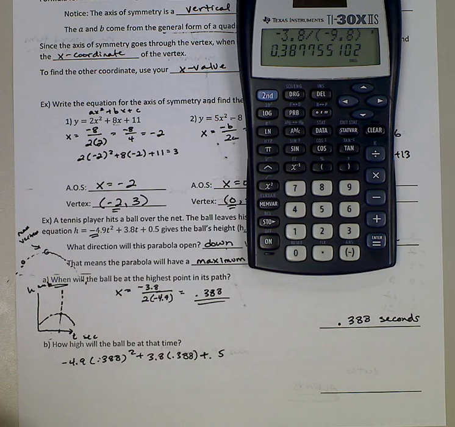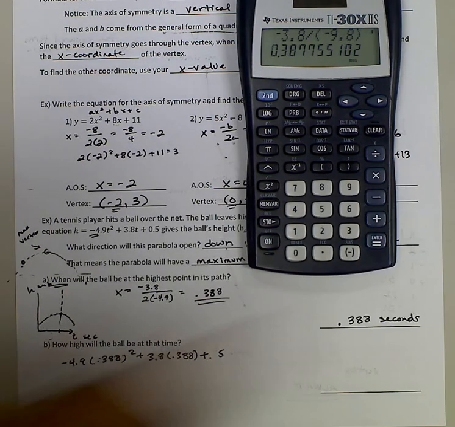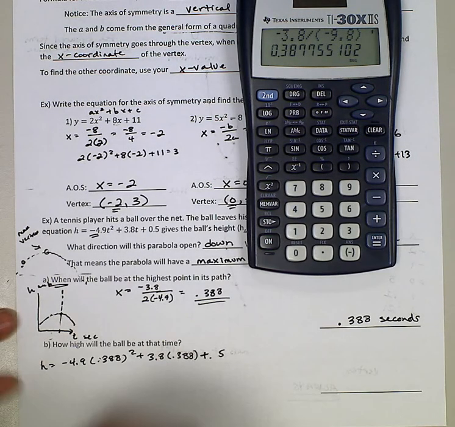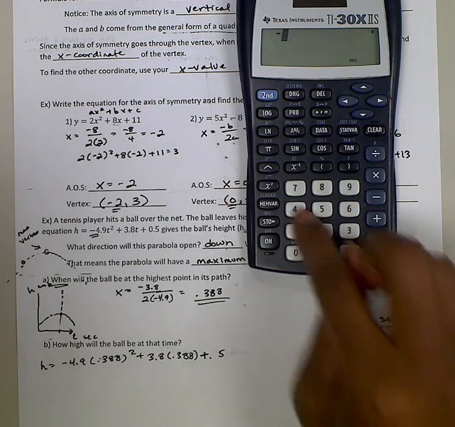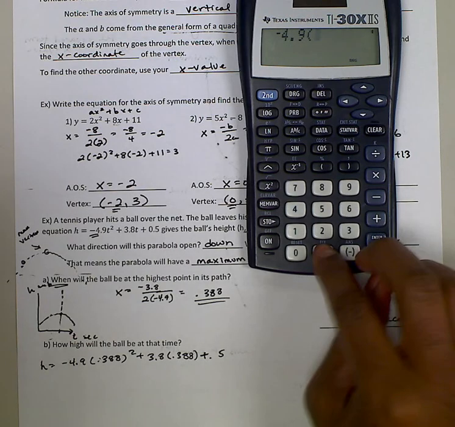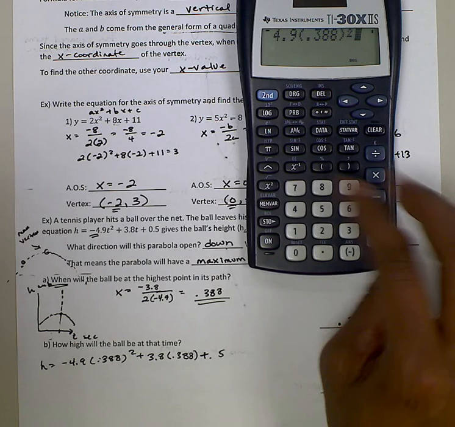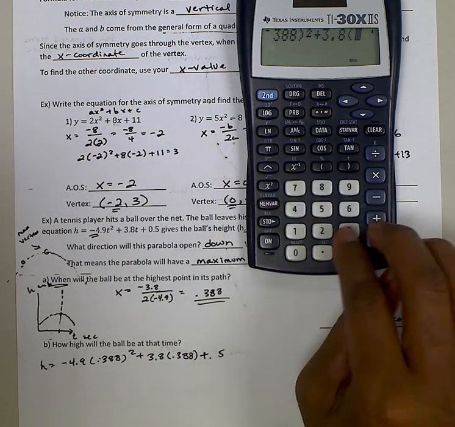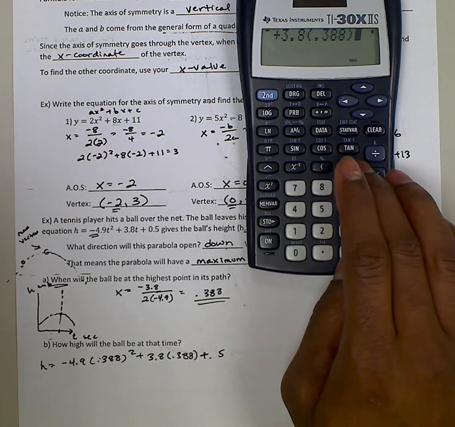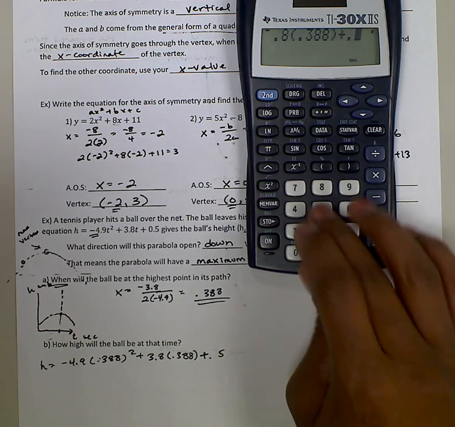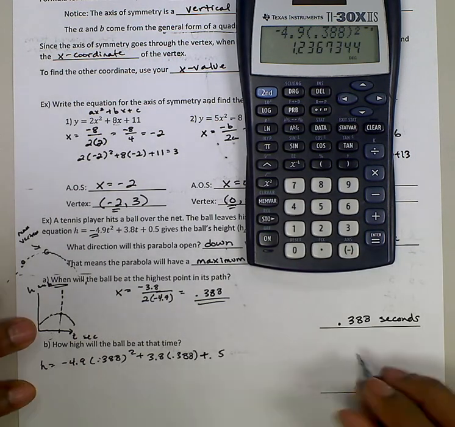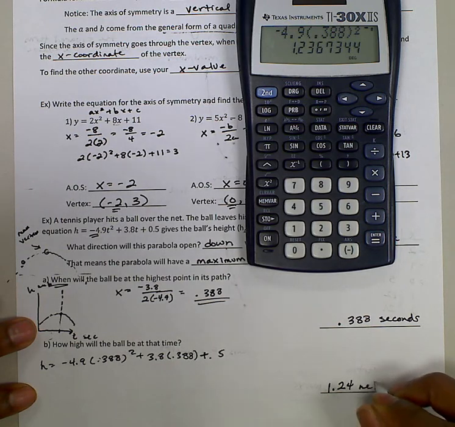And that should give us our height because our equation says height equals that. And so that's 1.24 meters. That's as high as it's going to be.